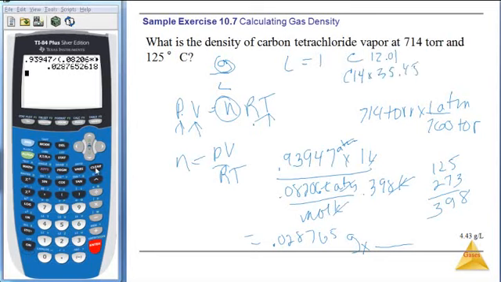So let's figure that out. 4 times 35.45 plus 12.01 equals, so my molar mass is 153.61.